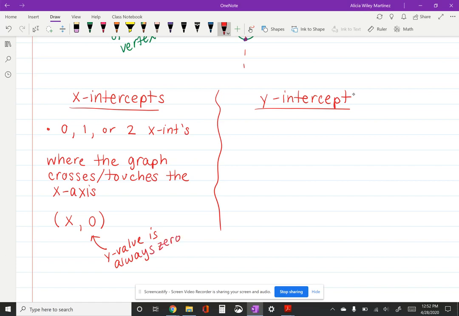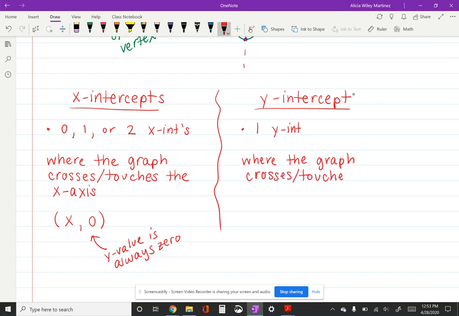Now for a y-intercept, a quadratic will have one y-intercept. It cannot have two because there's no way for it to loop back around and hit the y-axis again. For a quadratic function, remember that a y-intercept is where the graph crosses, touches, intersects.